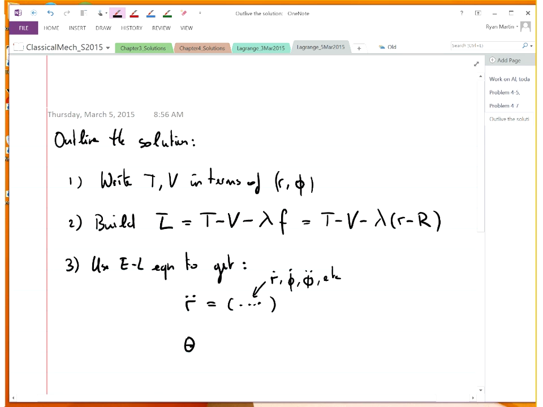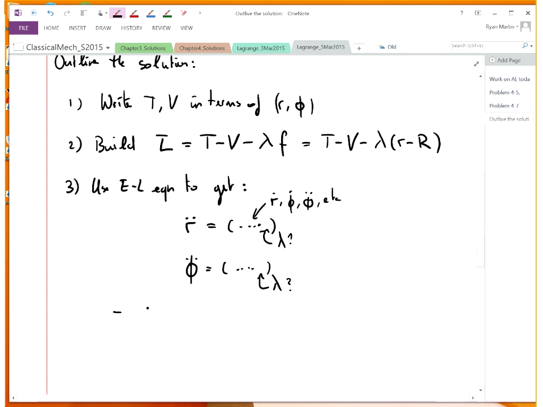Similarly, you'll have the second Euler-Lagrange equation for phi, and you'll have maybe phi double dot equals something. Oh, and there's going to be a lambda in here too. One or both of them will have a lambda. So then you'll have this problem of 2 equations, 3 unknowns. The unknowns: you want an equation for R double dot, you want an equation for phi double dot, and you don't know lambda.